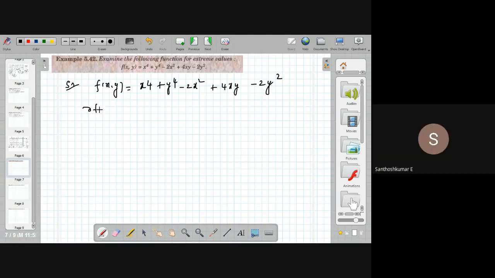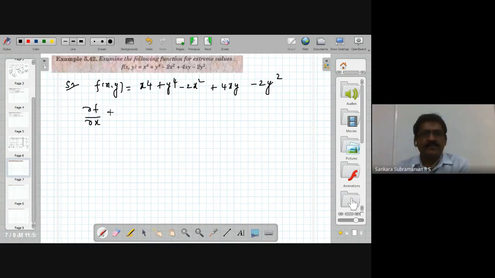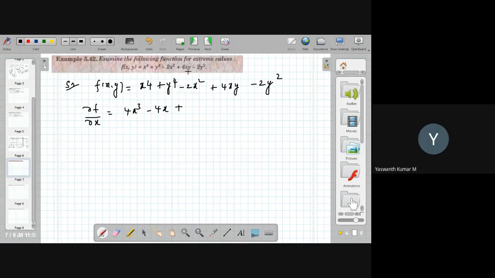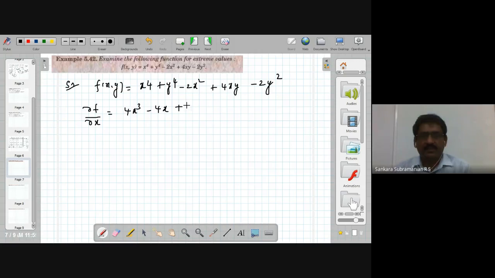So let us find dou f by dou x. We get 4x cube minus 4x plus 4y.